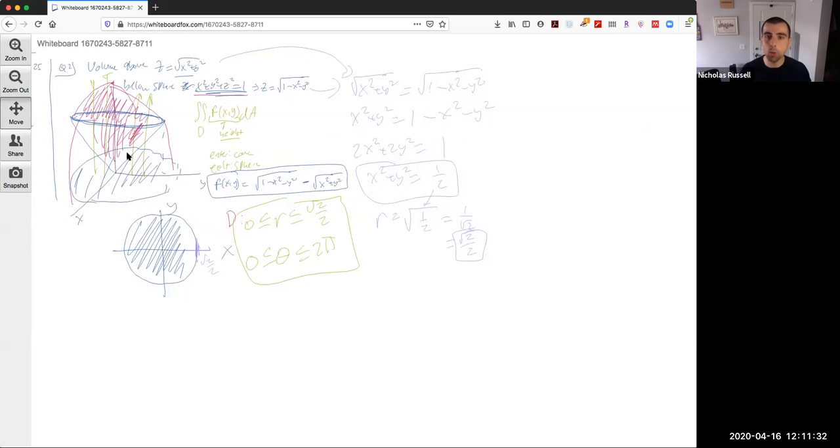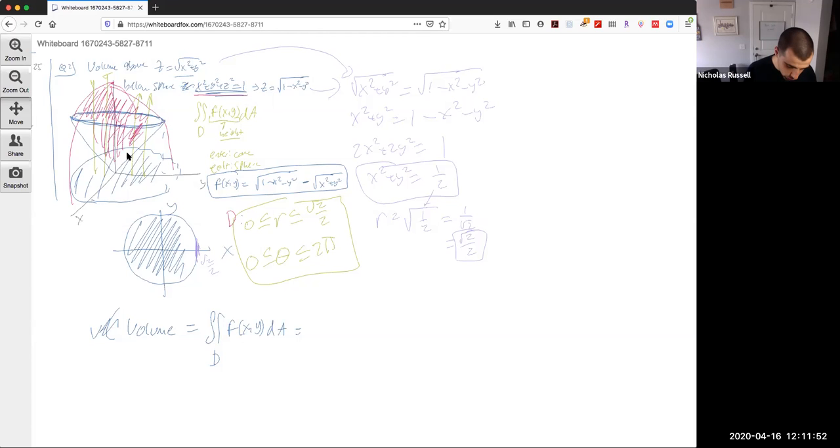And so therefore, with this whole thing in mind, we can now write down what the actual volume of this thing will be. The volume is going to be equal to the double integral over D of f of xy dA.